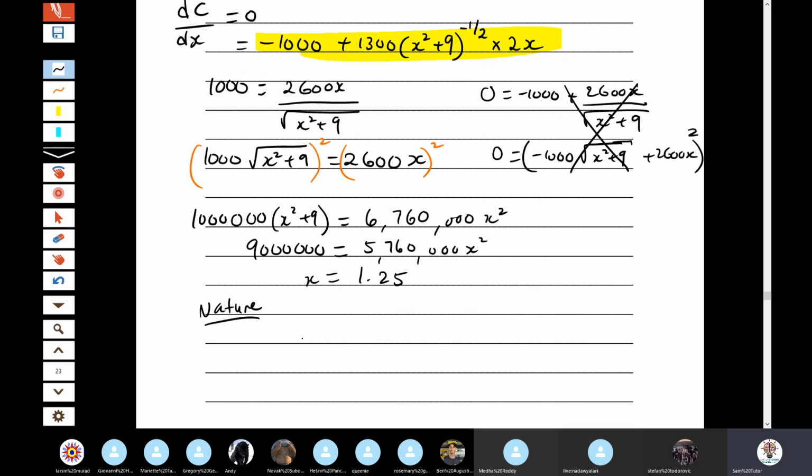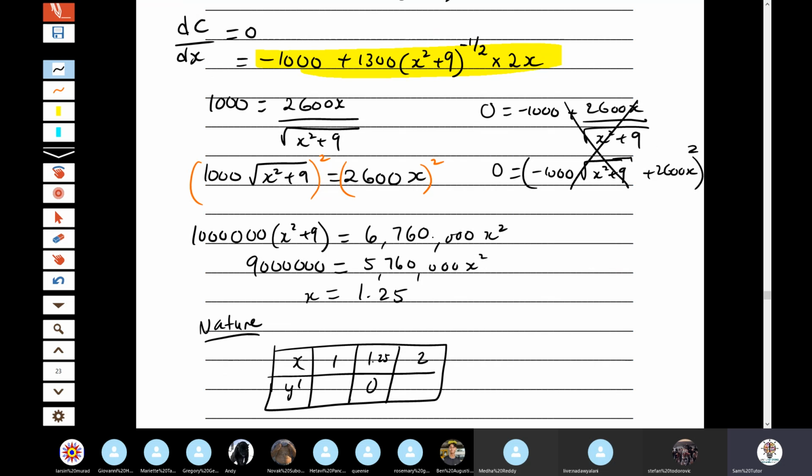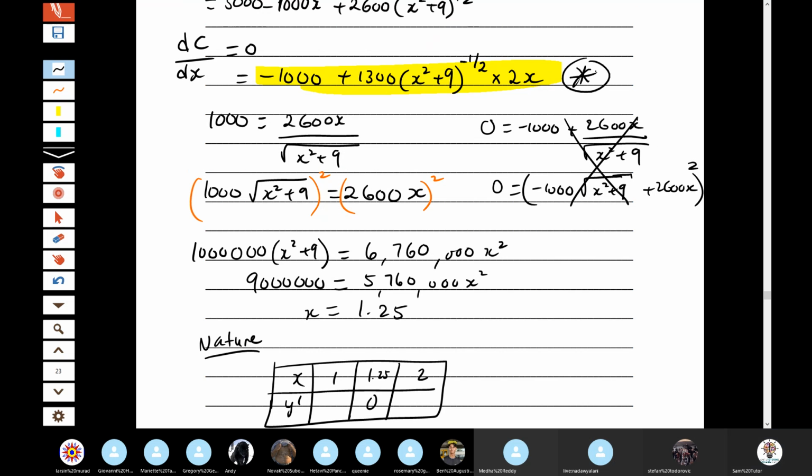Y dash table. 1.25 in the middle, 0 down here, 1 here, 2 here. Sub in 1, sub in 2 into this. All right, let's go. Negative 1,000 plus 2,600 on root 10, I think, negative 177.